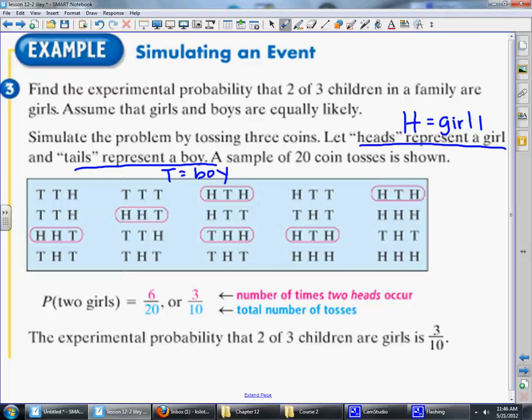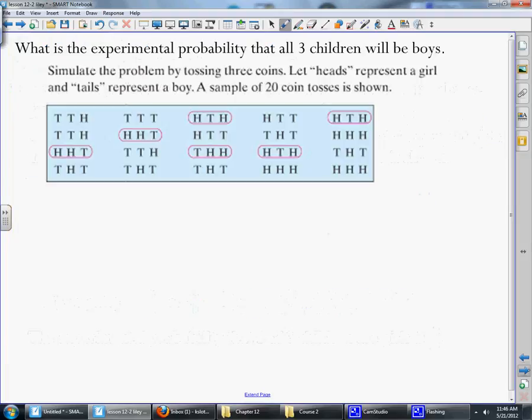So what's the probability of 2 girls? That's going to be anything that has 2 H's. So we have 1, 2, 3, 4, 5, 6. So we have 6 that have 2 girls out of 20, or we reduce that to 3 out of 10.